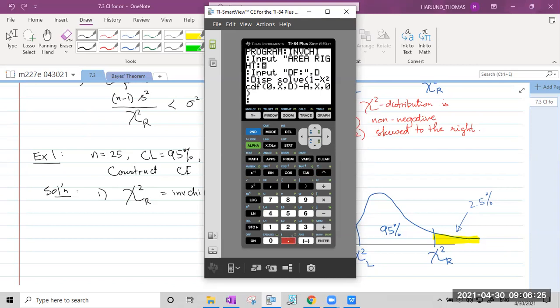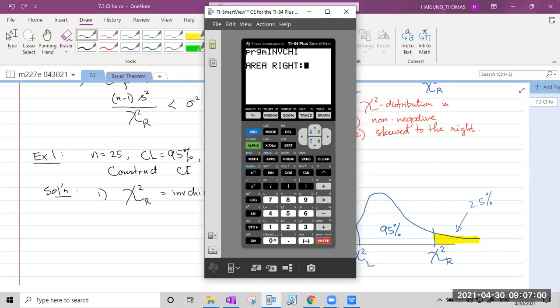Colon. Close quote. No, I need to go back. I need to undo the alpha first and then comma, and then A again. Okay. Now quit. Quit again. Let me see the program. Inverse chi.